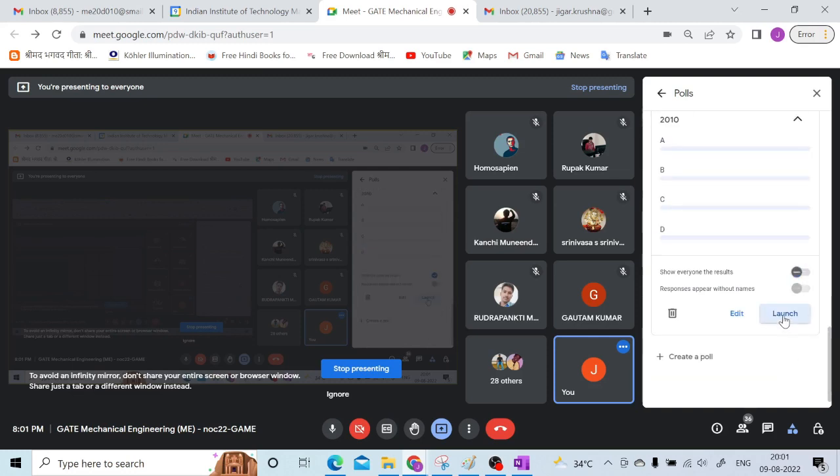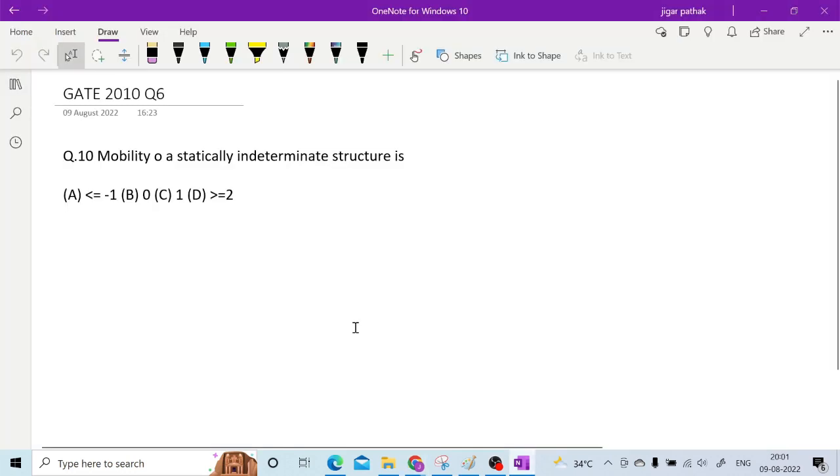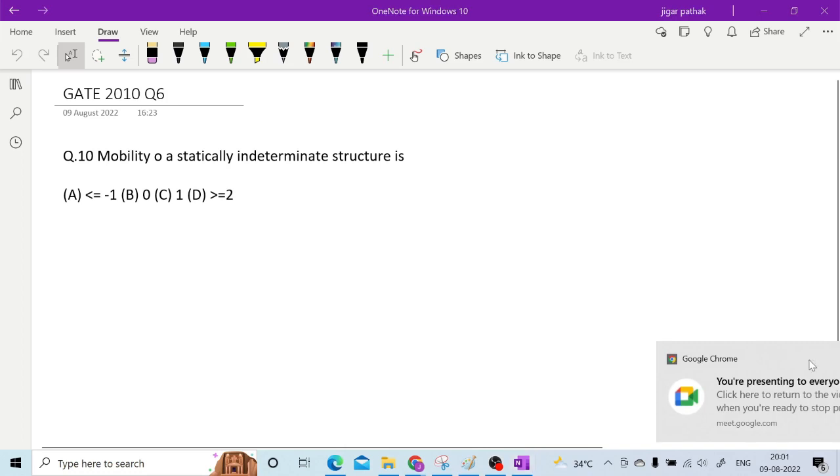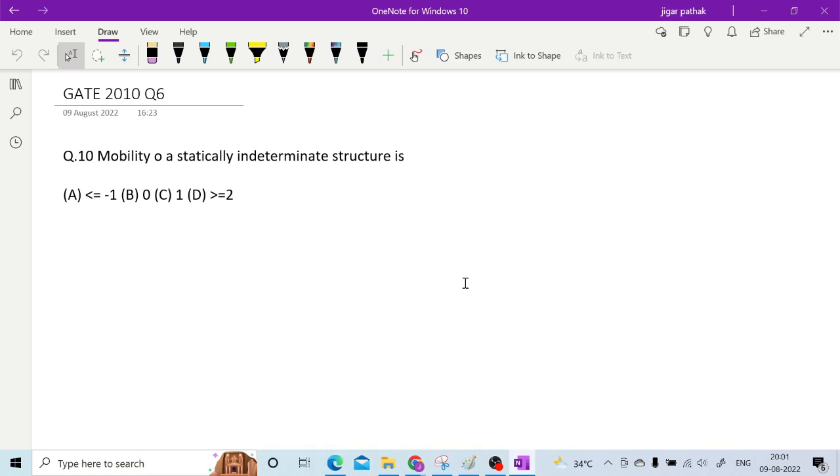Can you see that question on your screen? The poll is also there, right? You can answer this question. Mobility is the same as degree of freedom, huh? Mobility of a statically indeterminate structure is what is asked.